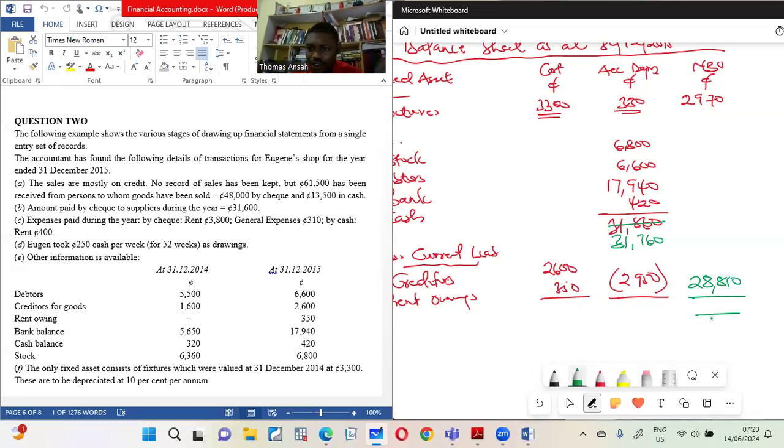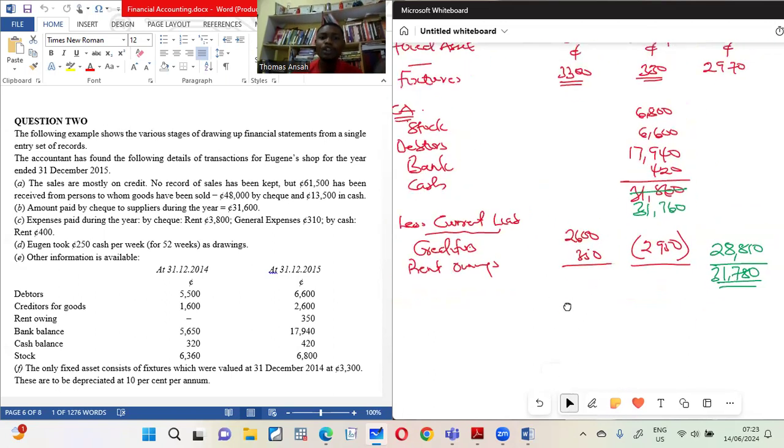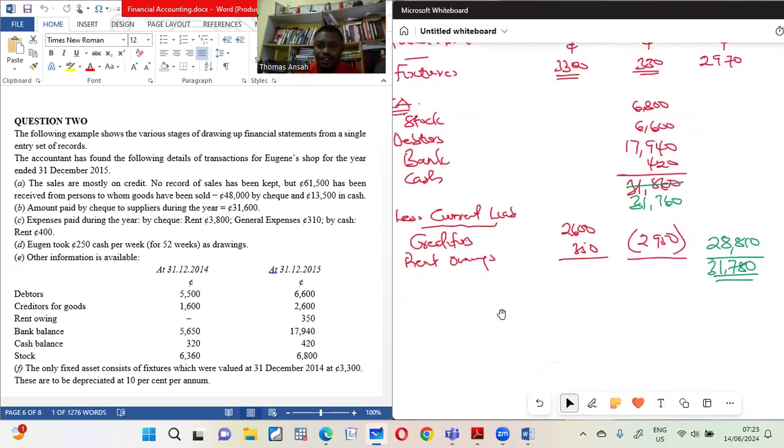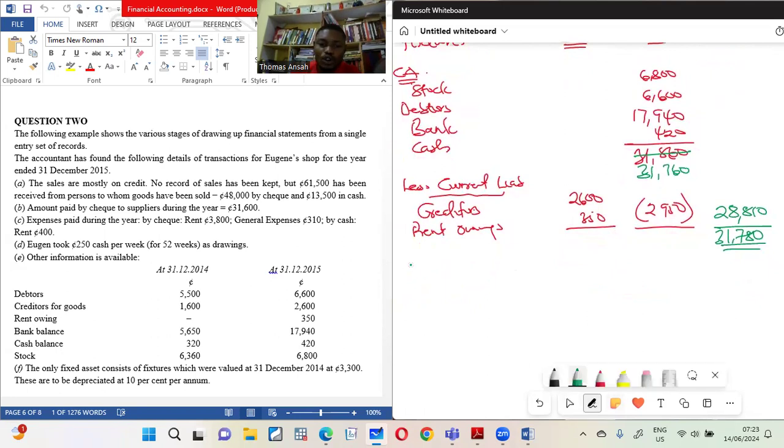Let's balance this plus 2,970, sorry. So you have 31,780 as our balancing figure. When you are doing something like this, you can actually start from the bottom to see what the balancing figure will be, because you always know your finance by capital, opening capital.